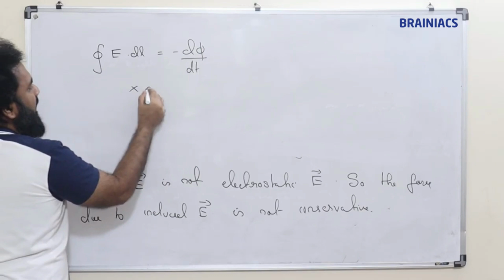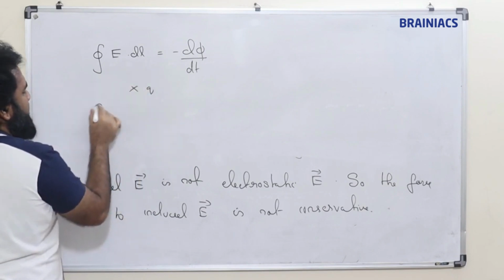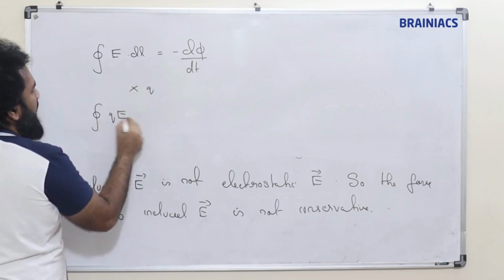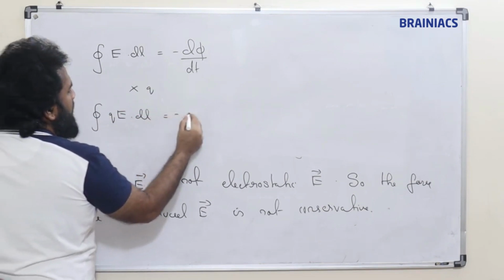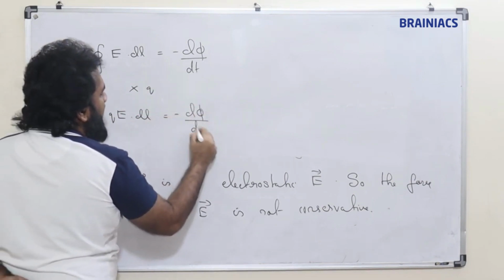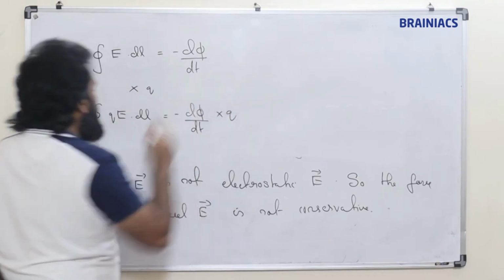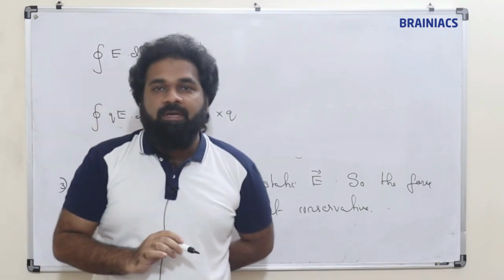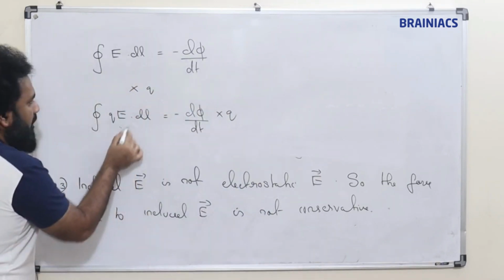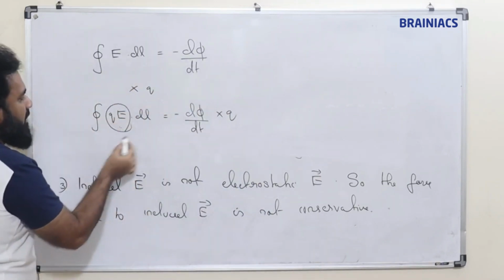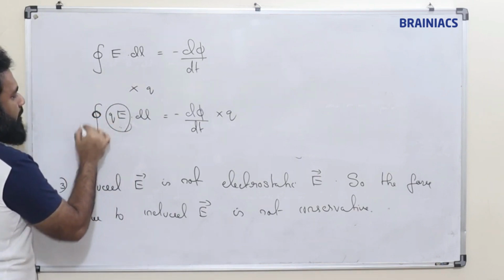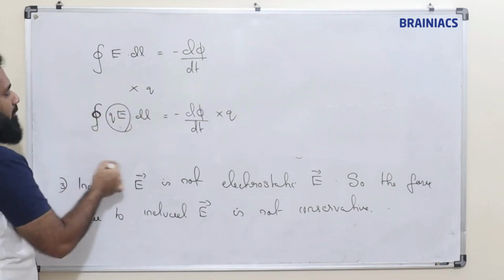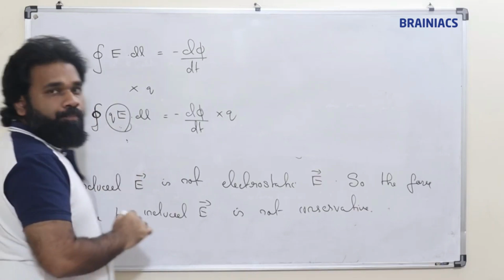Now when we multiply by the charge on both sides, we get the closed integral of QE dot dl equal to minus d phi by dt into Q. Now if it is a conservative force, the work done in a closed path must be 0.